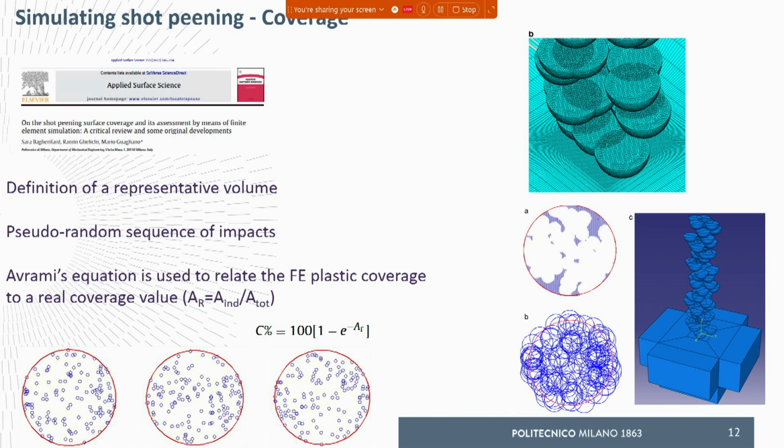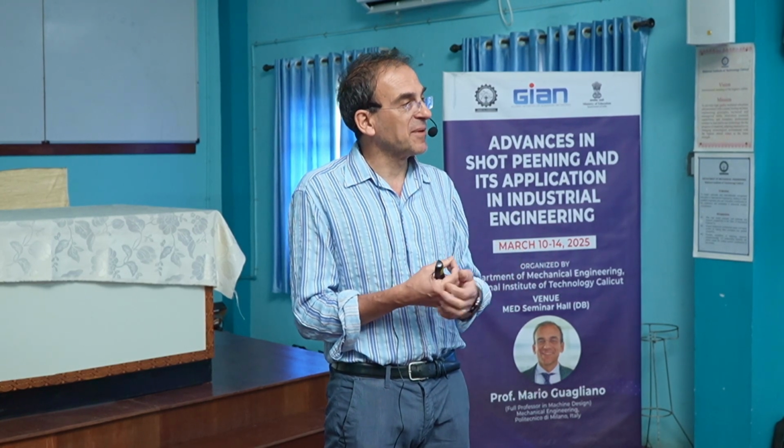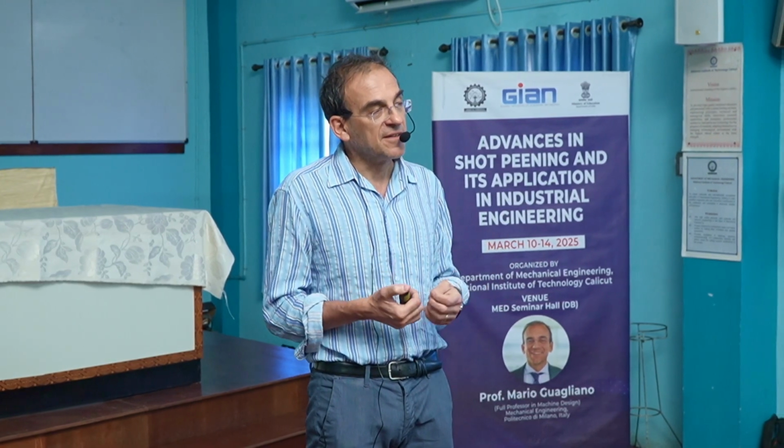You see here, and we imposed the analysis in such a way that the position of the impact of the shot on the surface was random. So a pseudo-random sequence of impacts, avoiding that the pseudo-random sequence did not respect the physical process.